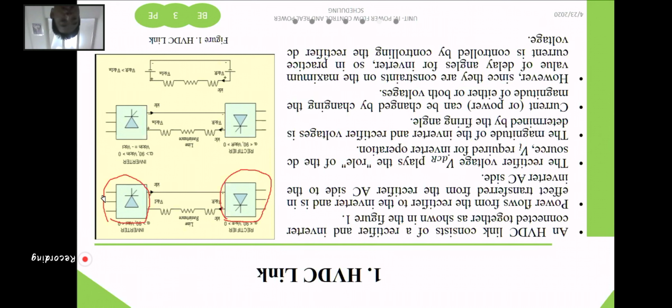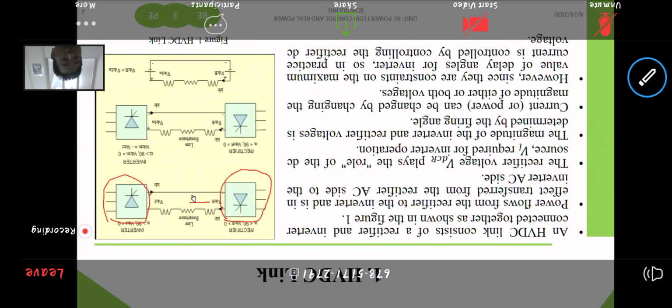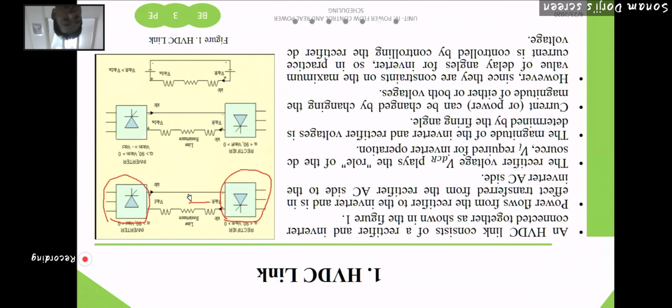Then this will be a DC line, and you transfer a DC voltage or DC current. Towards the end, what we require is AC, as the load is normally in the form of AC. So this DC has to be converted back to AC. We convert it using a power electronics device, and that is known as an inverter. This is how we can use an HVDC link to transfer power in a transmission system.